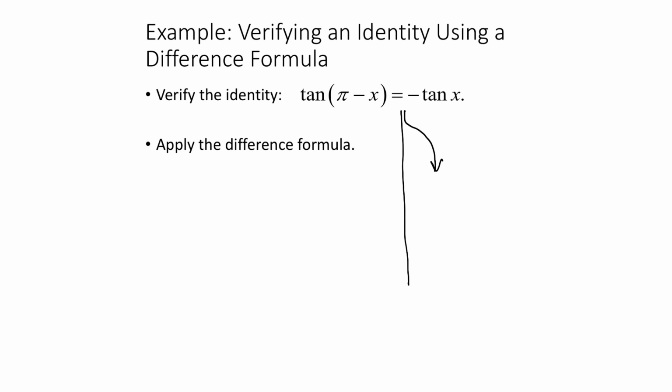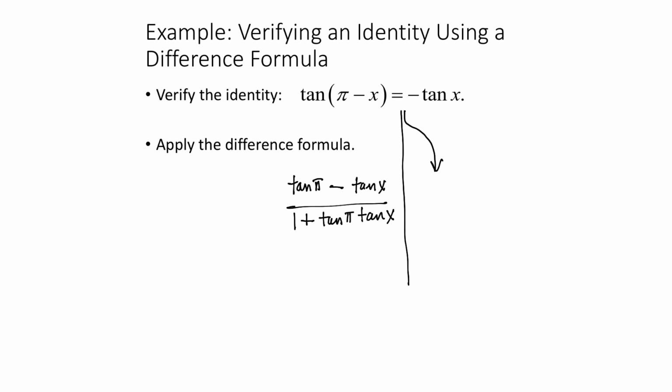So using that, we're going to find the tan of pi minus, we're going to have the same sign there, tan of x. And then on the bottom, we are going to have the opposite, 1 plus tan pi tan x.